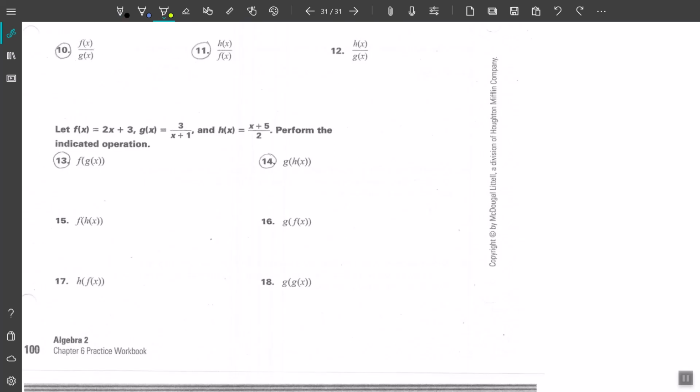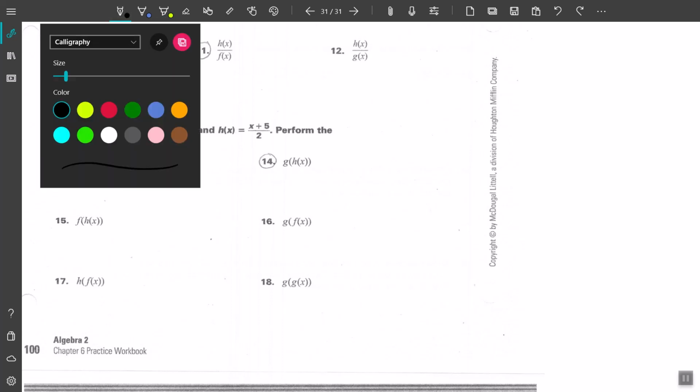So on 13 and 14, what we have going on here is called a composite function. So you're taking one function and you're plugging that function in for the x on a separate function. So in number 13, there are 2 functions there.